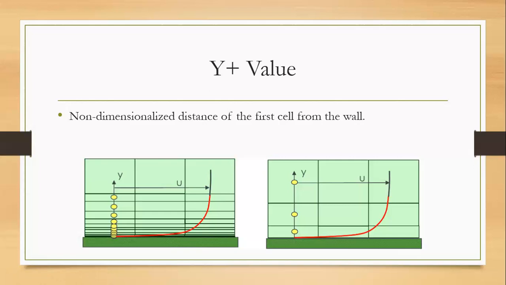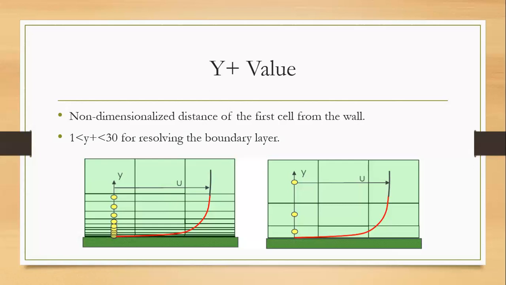Okay, I will tell you in the next class that we will be doing for our wedge analysis. I will make this y plus inflation layer at the wedge. And for resolving this boundary layer, the y plus value should be between 1 and 30.